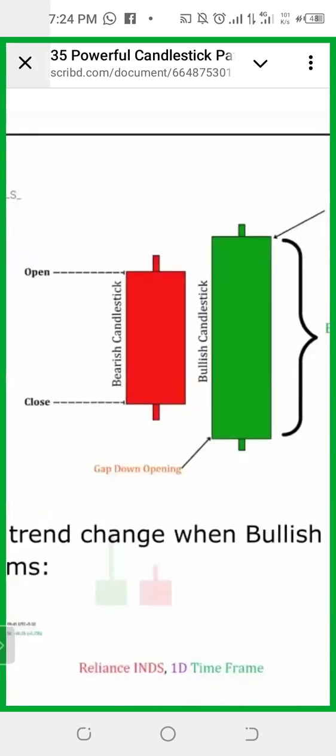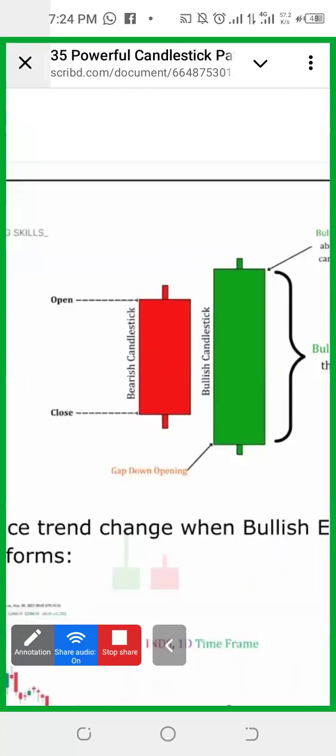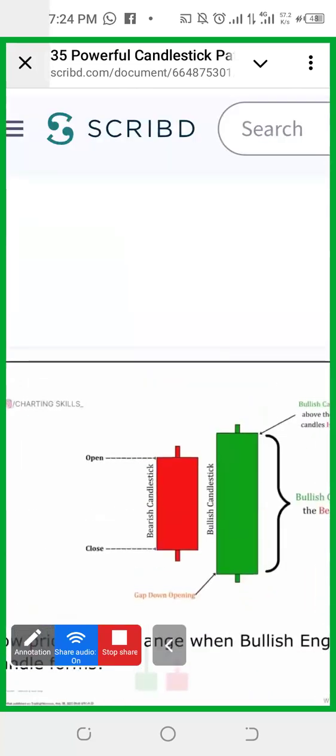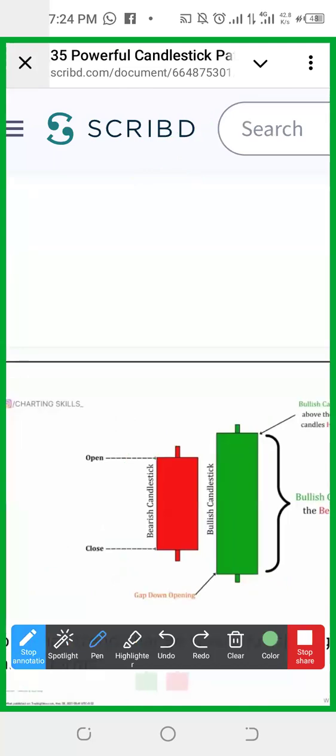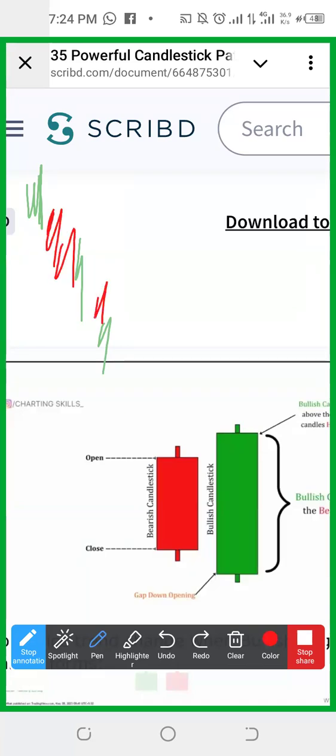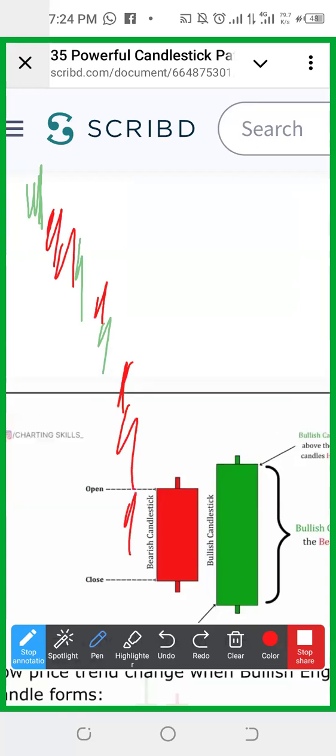Now, when the market has been coming down, let me just draw something. Let's say we have candles coming down like this. Then we are now seeing candles forming like this.